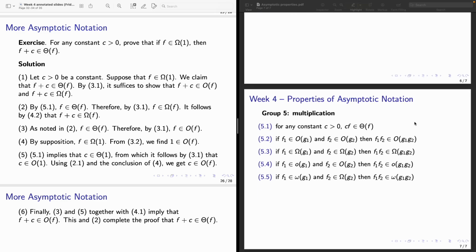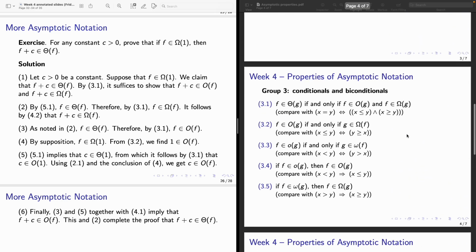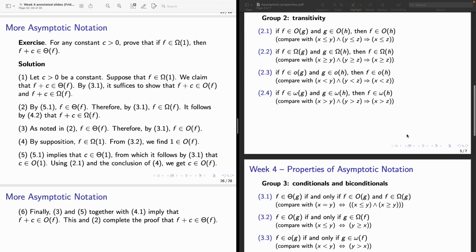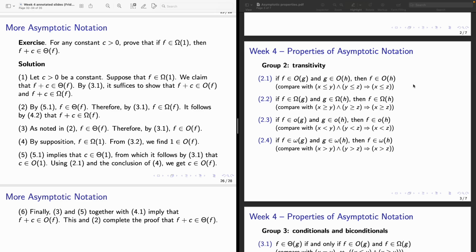Yeah, a constant exhibits the same growth rate as a constant, so it's in big theta of 1. The inequality rule says that c is in big O of 1. And then the sum rule, no, transitivity, dang it.